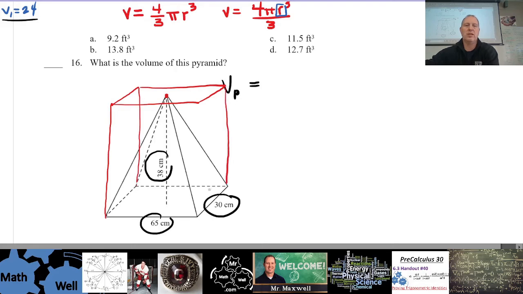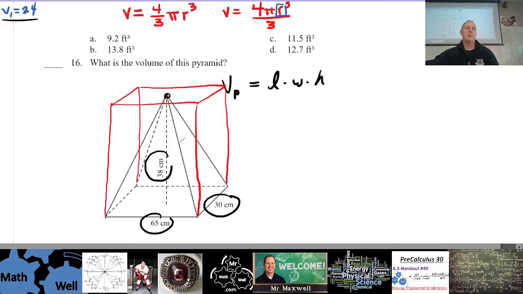I don't know if I did this demonstration or not, the one you saw, but I've watched one where they do it with a cone and a cylinder maybe. So the rectangular prism has a volume of length times width times height.